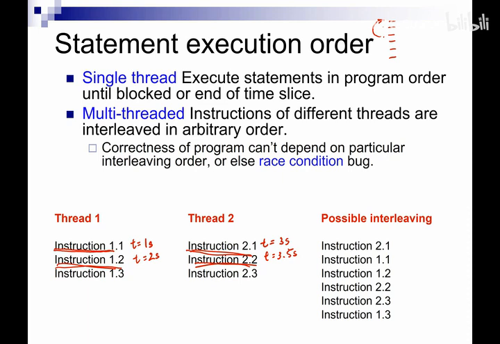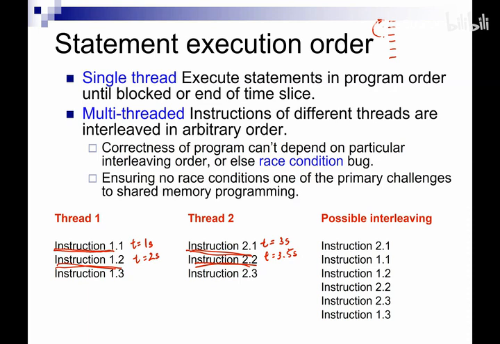We can't use that program, because if you give this to a user and you happen to get a bad interleaving, then your program is going to do something incorrect. In fact, writing correct concurrent programs that work for all interleavings is quite challenging, and it's one of the main challenges of writing shared memory programs.